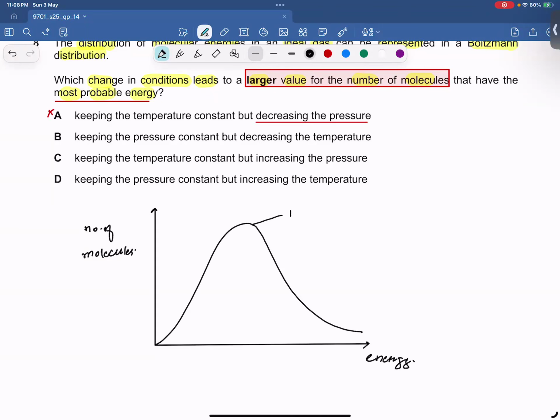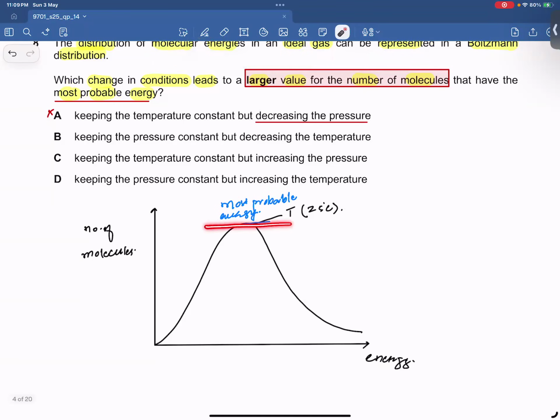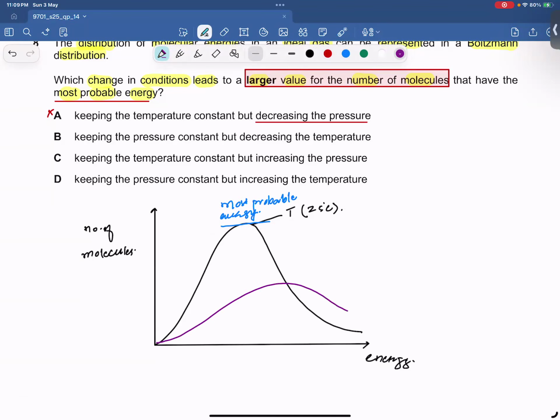That's at temperature T. That is at 25 degrees Celsius, let's suppose. So when we increase the temperature, and that's the most probable energy, guys. When we increase the temperature, this curve flattens and shifts the maximum towards the right-hand side. It has to be like this. That is at high temperature.